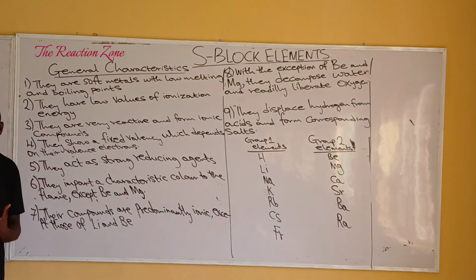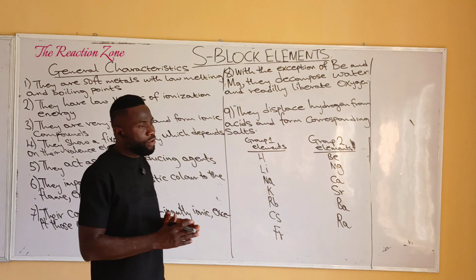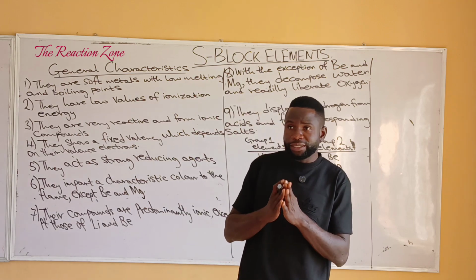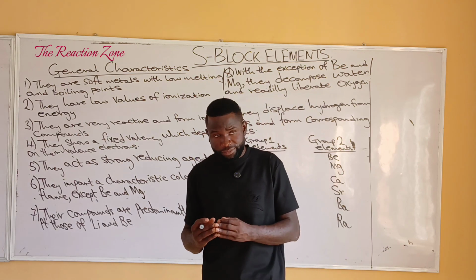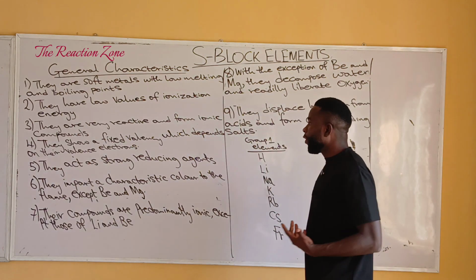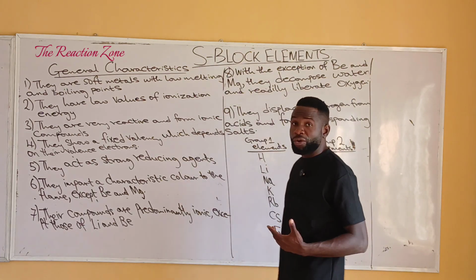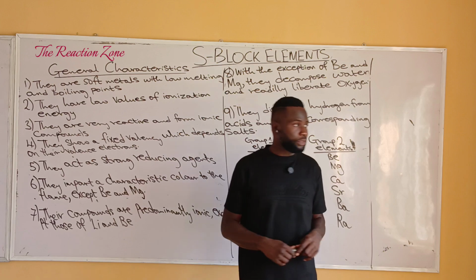The reactive nature of S-block elements is the reason why they are not found freely in nature. They always exist in a combined state. The fourth one, they show a fixed valence which depends on their valence electrons.